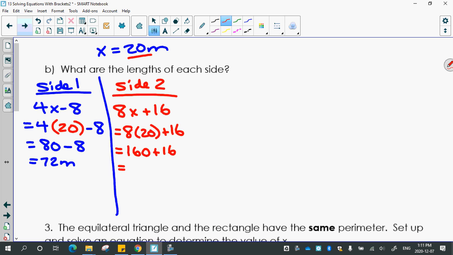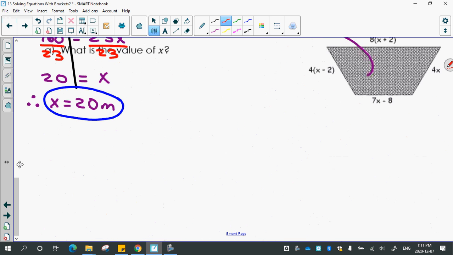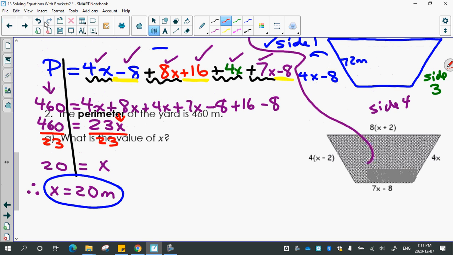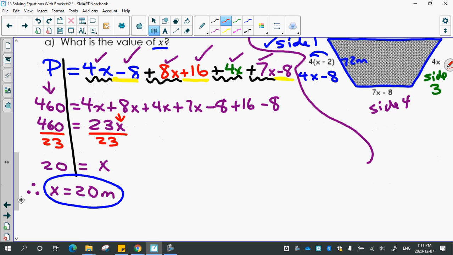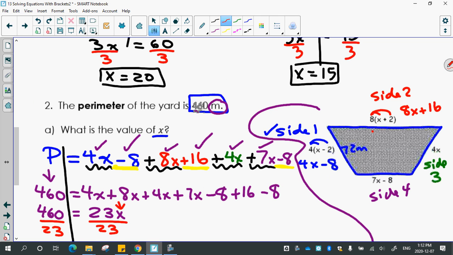Plus 16 is 176 meters. And once I know that, I'm going to go back to my diagram and label that side 176 meters. Let's find my picture. Find my picture, and then 176 meters is this side here.